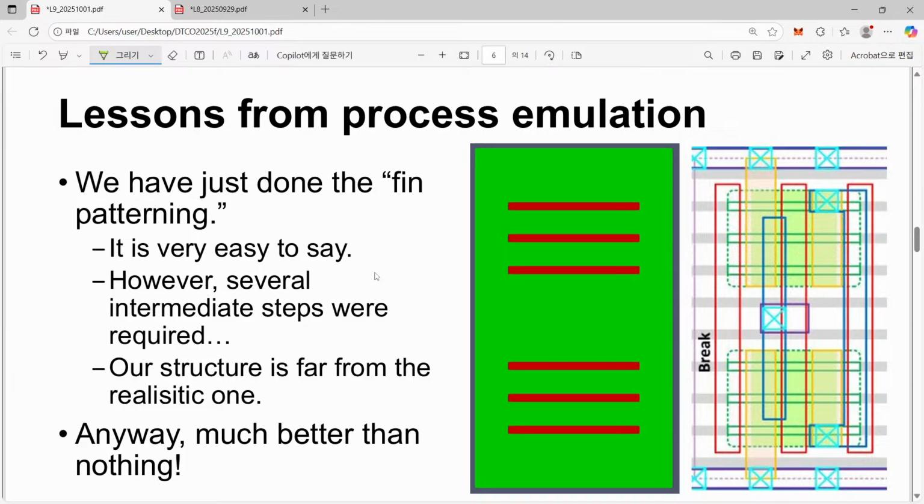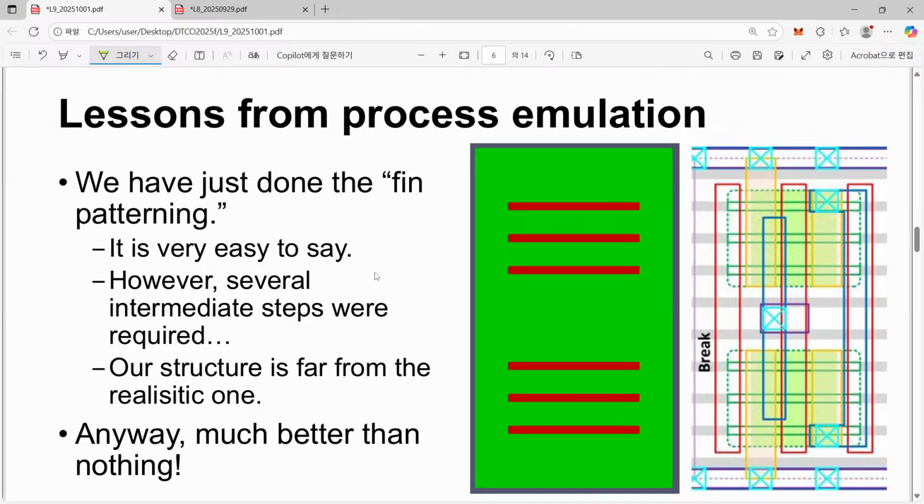We have just done the very first part found in our literature. When we have research papers, they simply show the fabrication process, and fin patterning is on top of that list. First, make a fin.